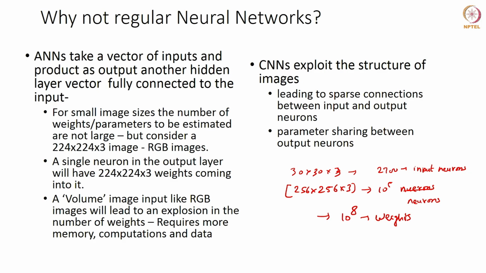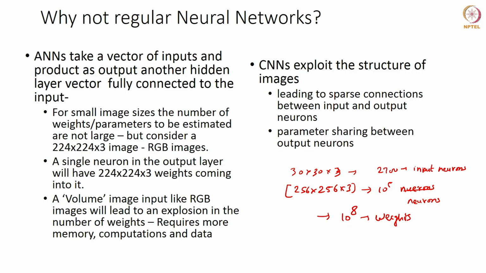Another reason why we should not use an ANN is that an ANN takes as input a vector. Even if you are given an image, we have to vectorize it by rasterizing it, and in that process we lose the spatial structure of the data. Images have spatial structure, which is what we want to exploit by using a CNN, and in the process we also, as we saw earlier, exploit 2 more things.